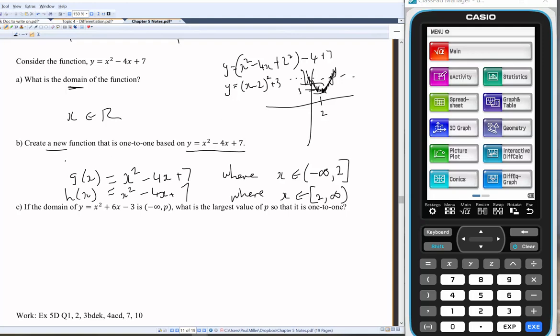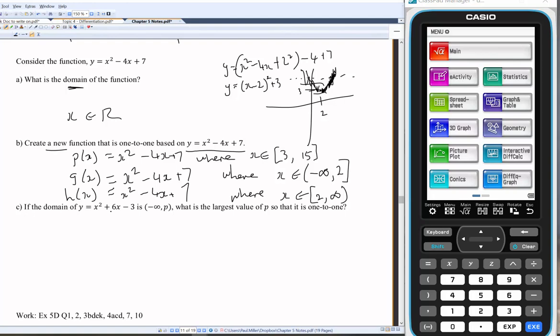You could say h p of x equals x squared take 4x plus 7, where x is an element of, and we're going to start it at 3 to 15. That's only going to be this little portion of it, and that will be a one-to-one function.